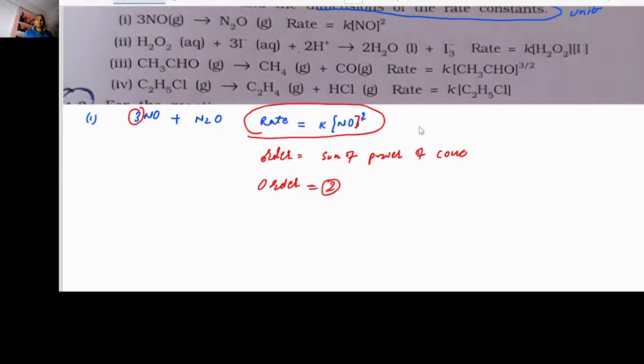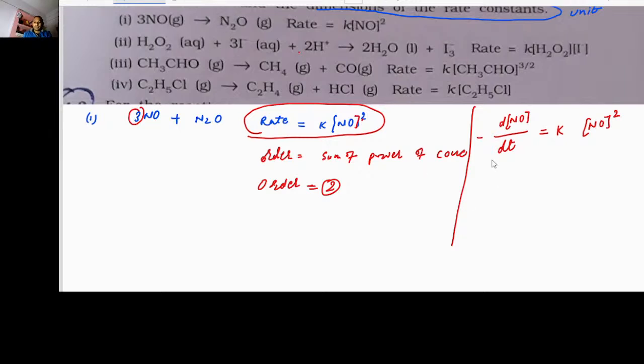The rate we write as minus d[NO]/dt, equal to k[NO] squared. The negative sign only tells us that the concentration of the reactant is decreasing. It is nothing to do with speed being negative; it is just a symbol for decreasing concentration.